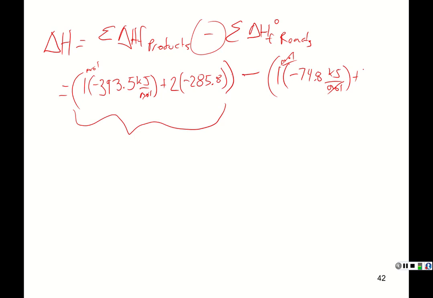Oxygen had 2 moles, but its delta H of formation was 0, so we really don't need to consider it. When you're entering this in your calculator, remember you have to do all those values separately. It's very easy to forget a bracket in one of these problems, and then you get a completely different number. You go back and look at your work, it looks like you're doing it right, but you're just entering it in your calculator incorrectly.